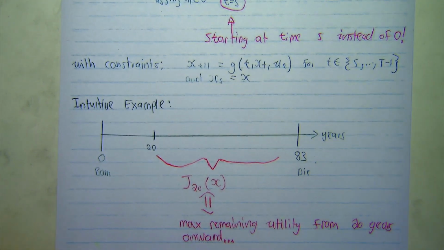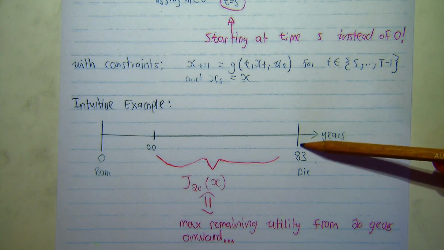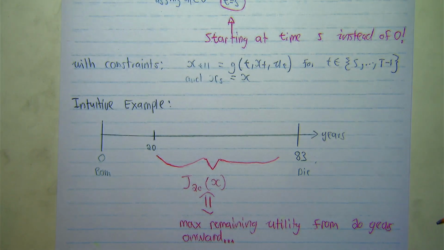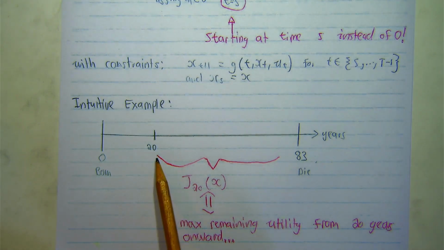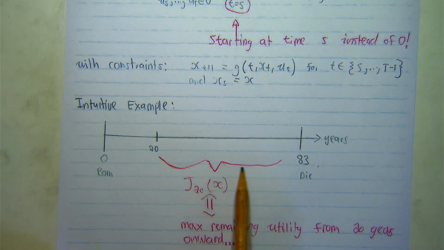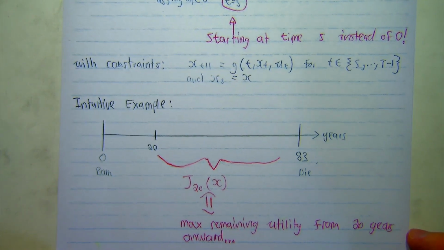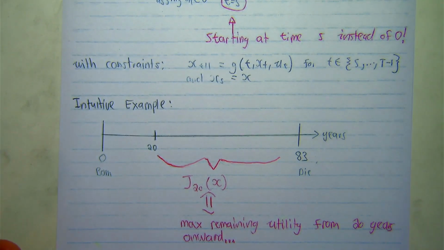So an intuitive example, if we were maximizing our utility across your life and you knew that you were going to finish your life at 83, then J20 would be the maximum utility that you can acquire from the year 20 all the way through to the end. Okay, and the reason why this is useful is that we can then start to break down our problem into smaller subproblems and solve them.